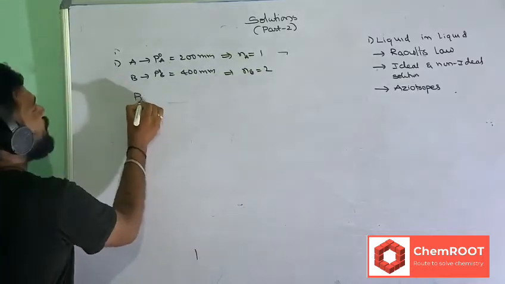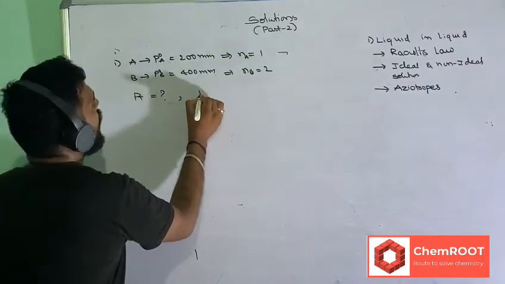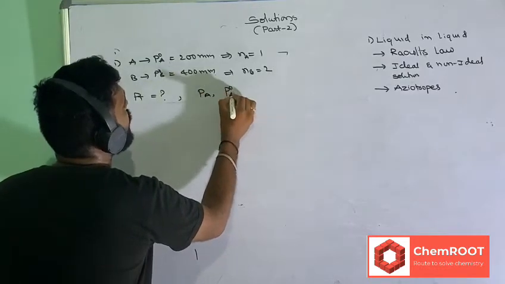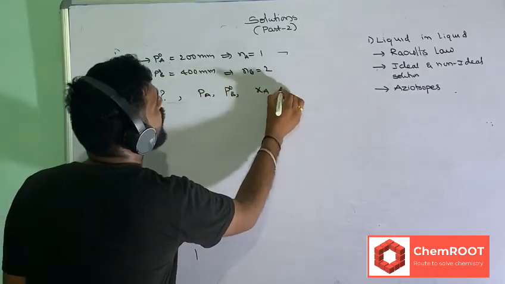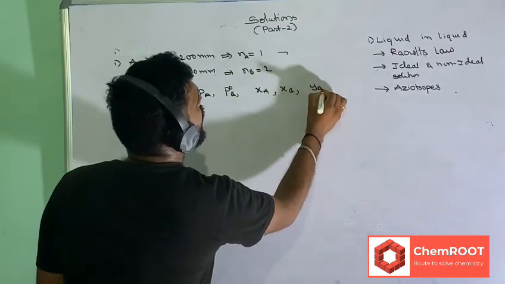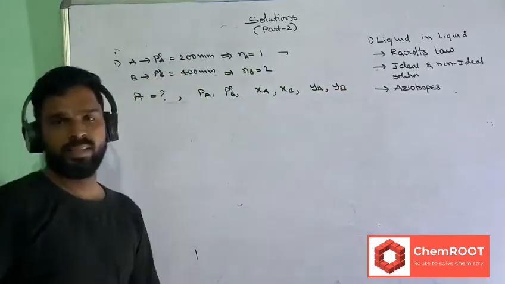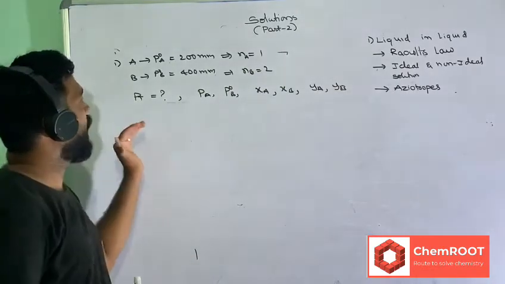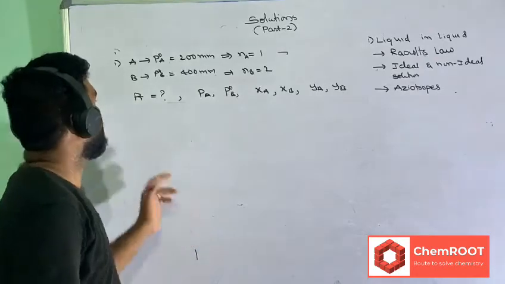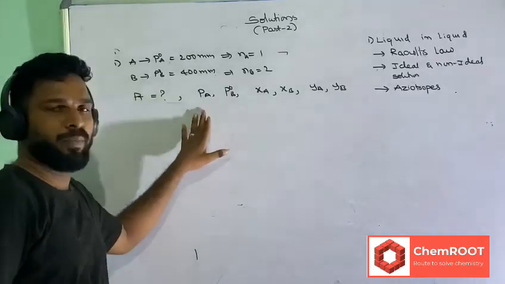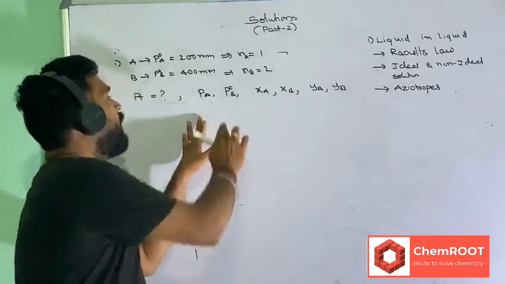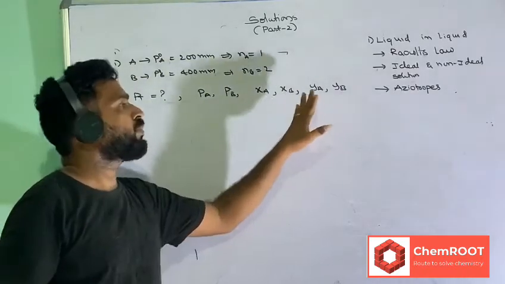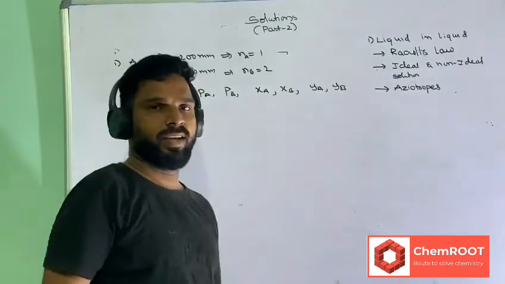Then they are asking what is the P total, PA, PB, chi A, chi B and YA, YB. They have given pure vapor pressures and numbers of moles. They ask for the vapor pressures of components A and B, and the mole fractions in liquid solution and in vapor phase.